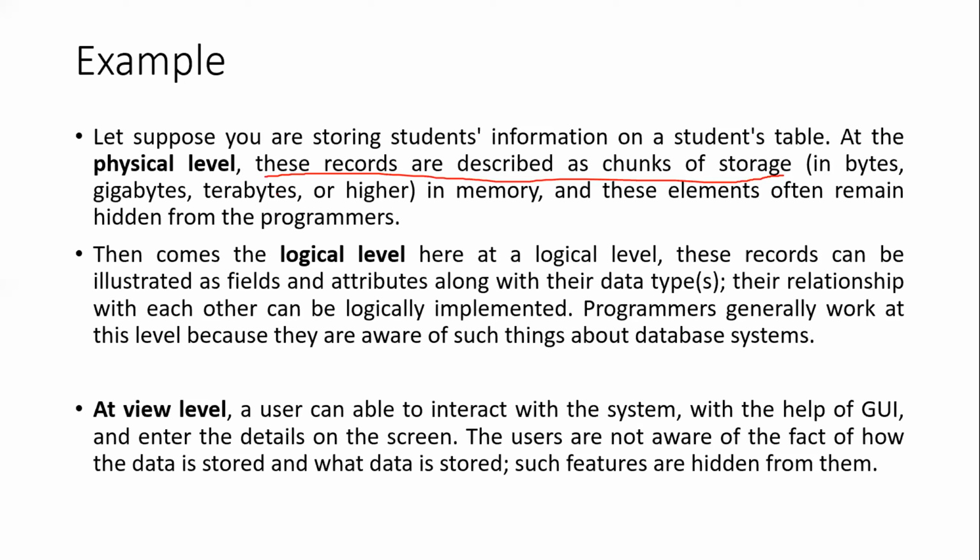Then we come to the logical level. Suppose I am taking student number and student name in a table. These two are attributes, and I want to define what type of data student name is and how much length is required to store it. Suppose I take 50 bytes of data.